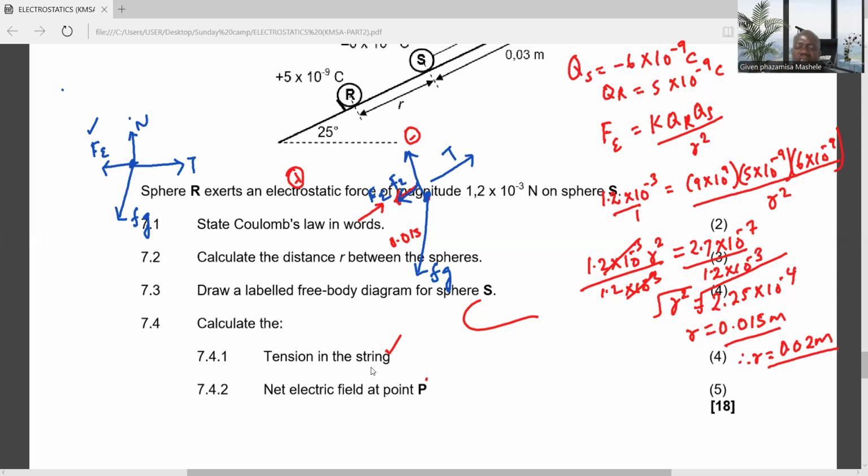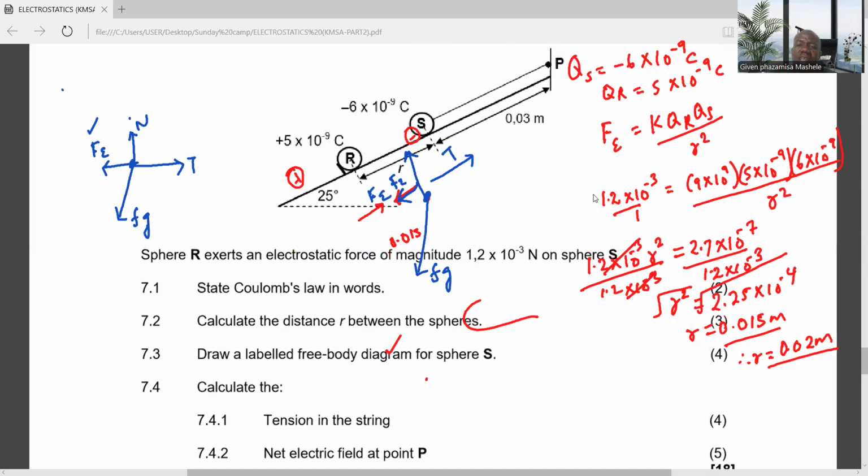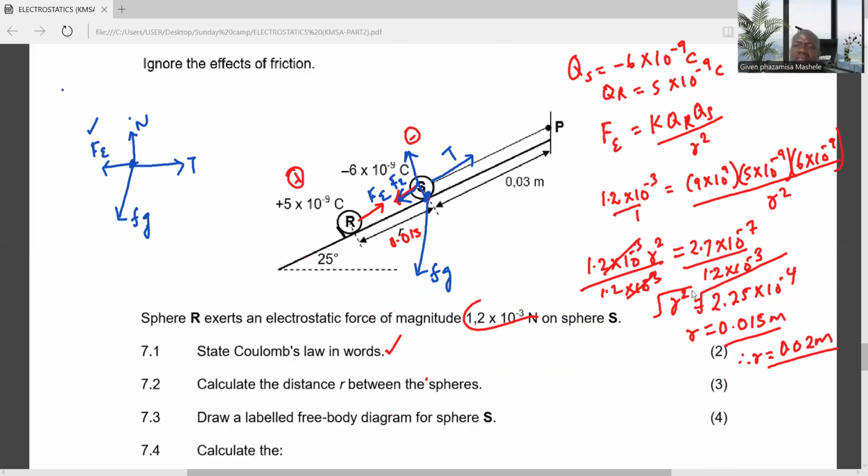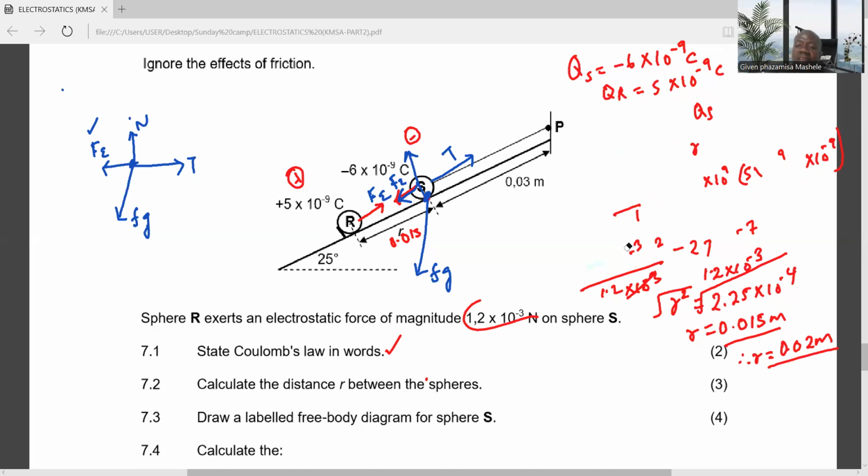calculate the tension in the string. We want to know the magnitude of the tension in the string. And how we're going to do that, ladies and gentlemen, we can use Newton's laws in determining the tension on the string.